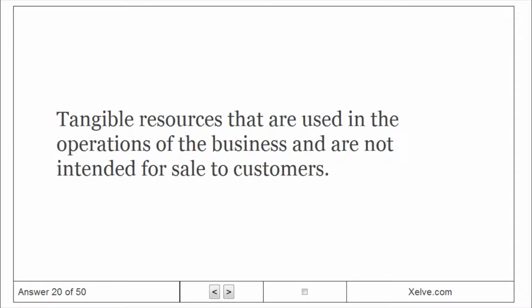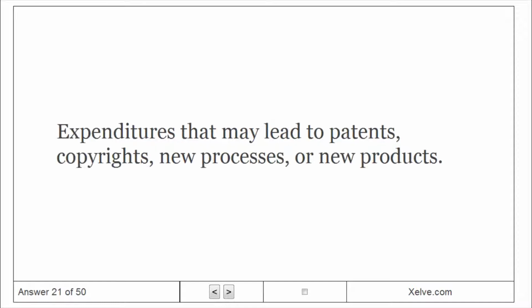Tangible resources that are used in the operations of the business and are not intended for sale to customers. Research and development costs. Expenditures that may lead to patents, copyrights, new processes, or new products.